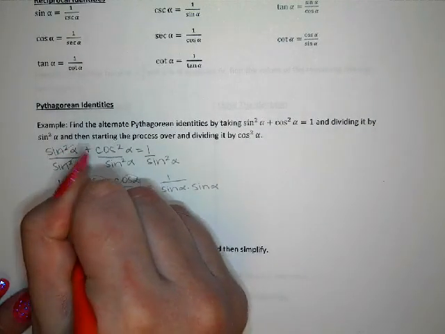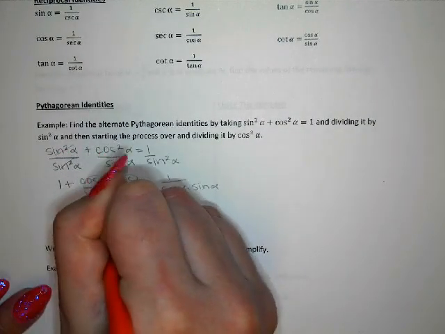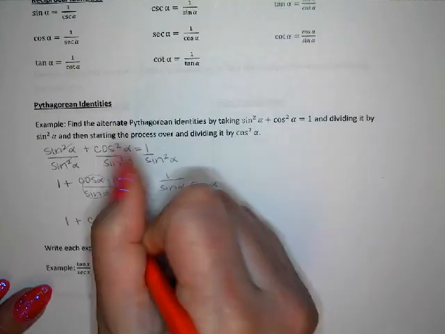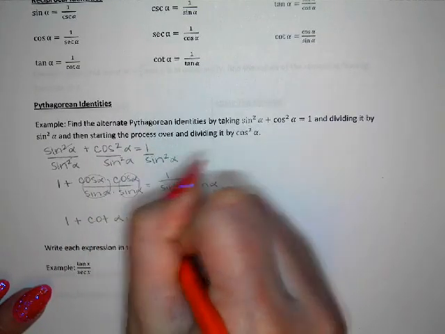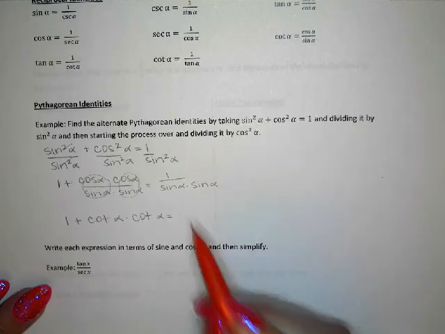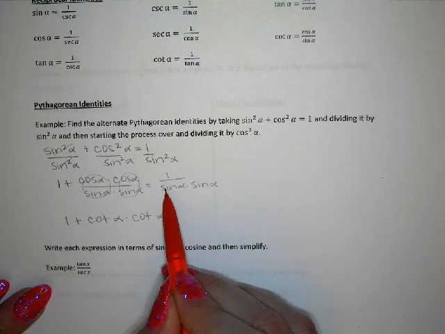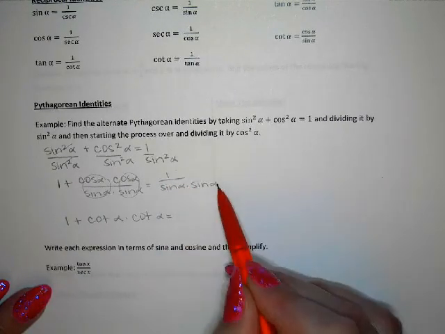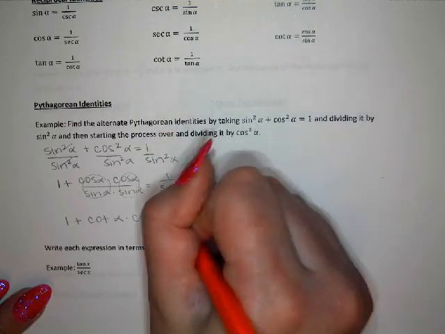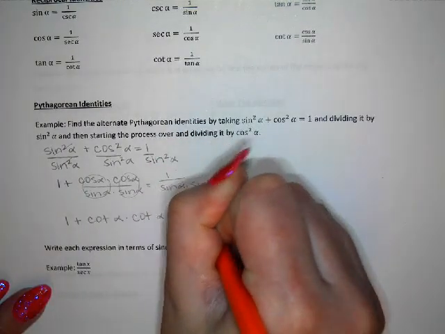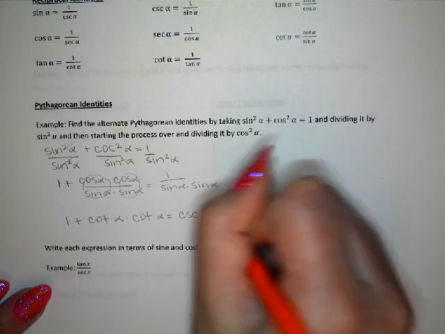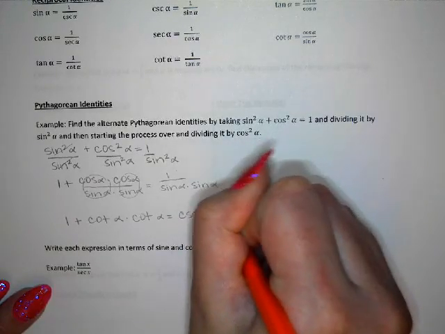So we have 1 plus cotangent of alpha times cotangent of alpha.